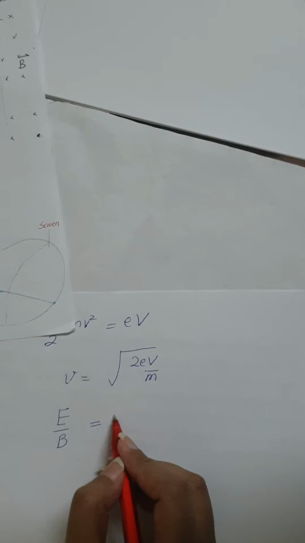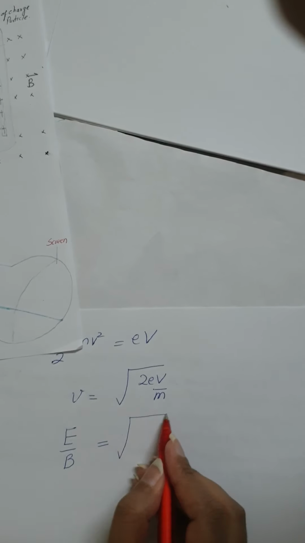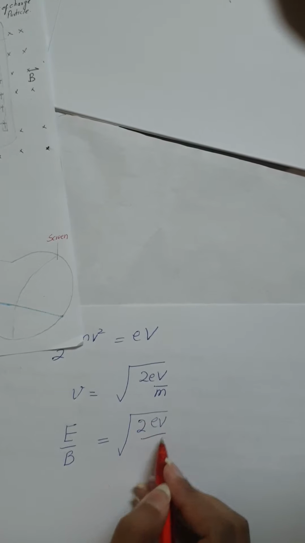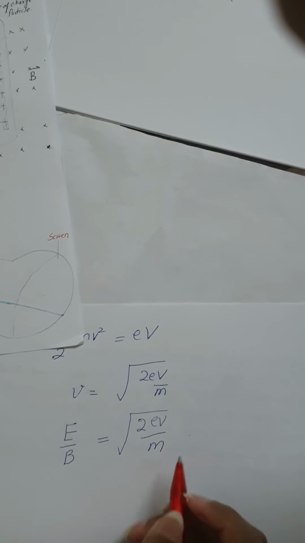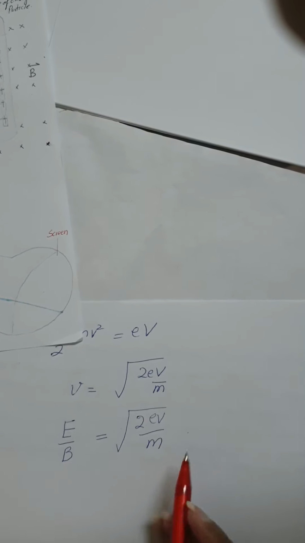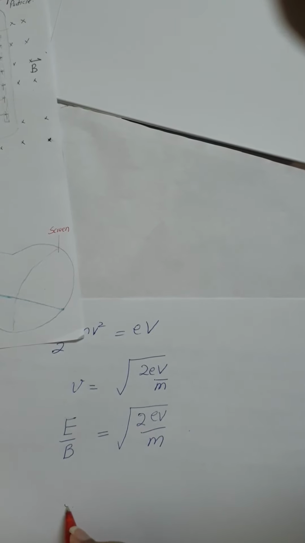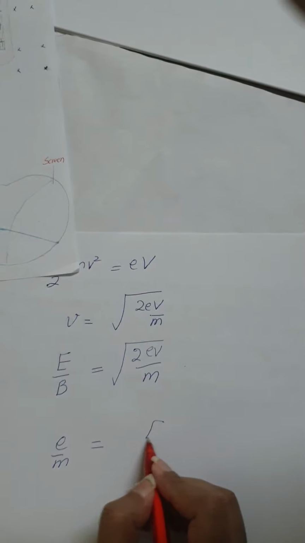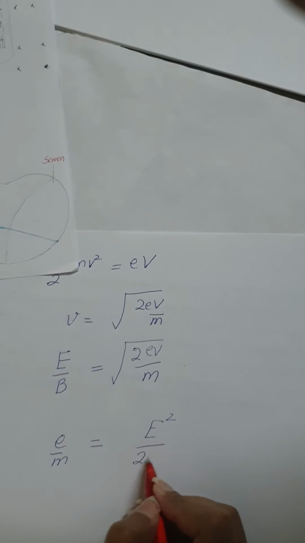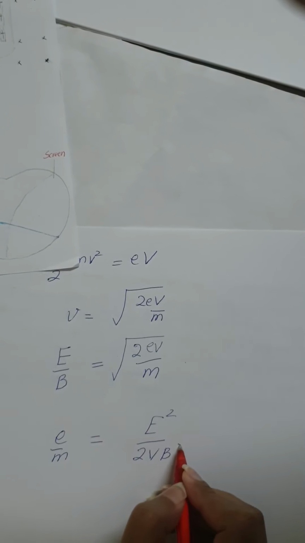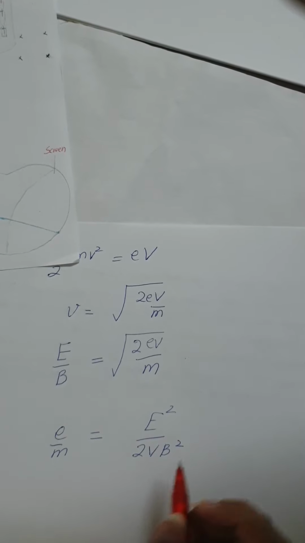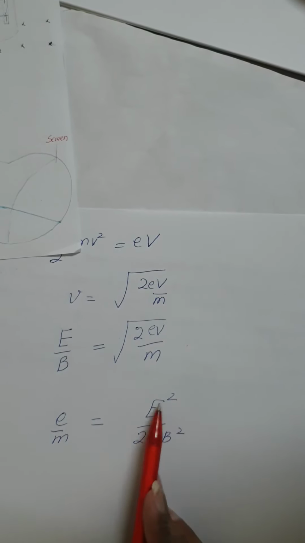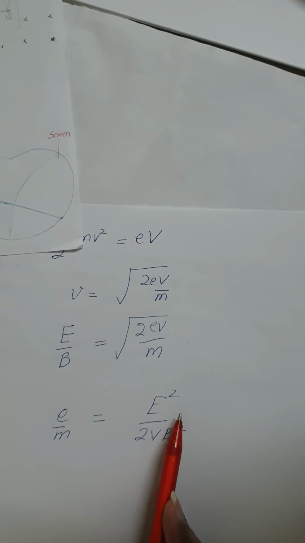So we can write the E over B equation in this form, and from here the e by m ratio becomes this. So all the quantities on the right side can be measured.